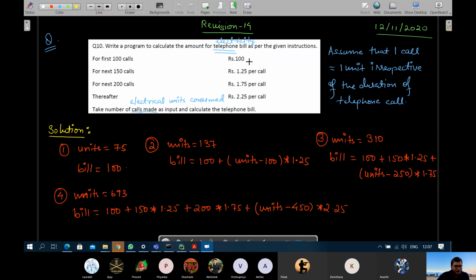It is not per call here. So that is a fixed amount that you have to pay. So I'll write here, this is a fixed amount up to 100 calls or units.